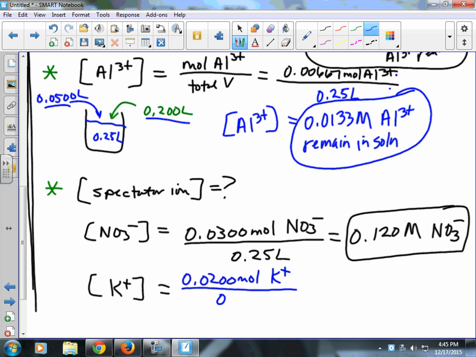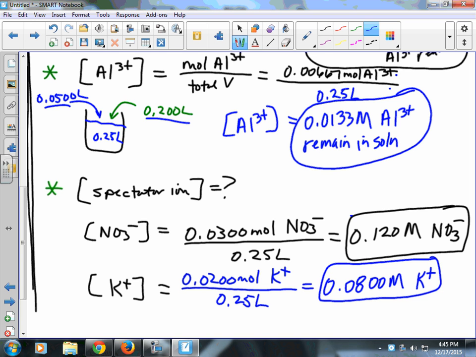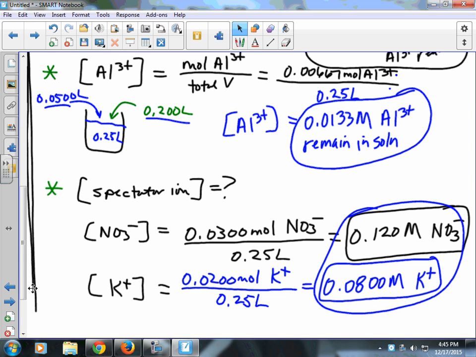Divide that by the total volume, and we get 0.08 molar potassium. So these two would represent what you have to do for bonus number 3.